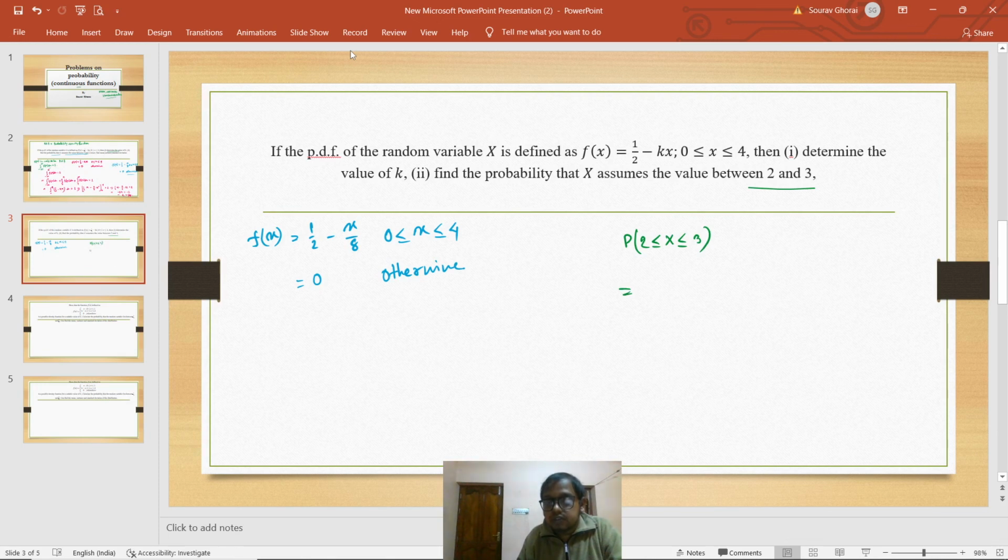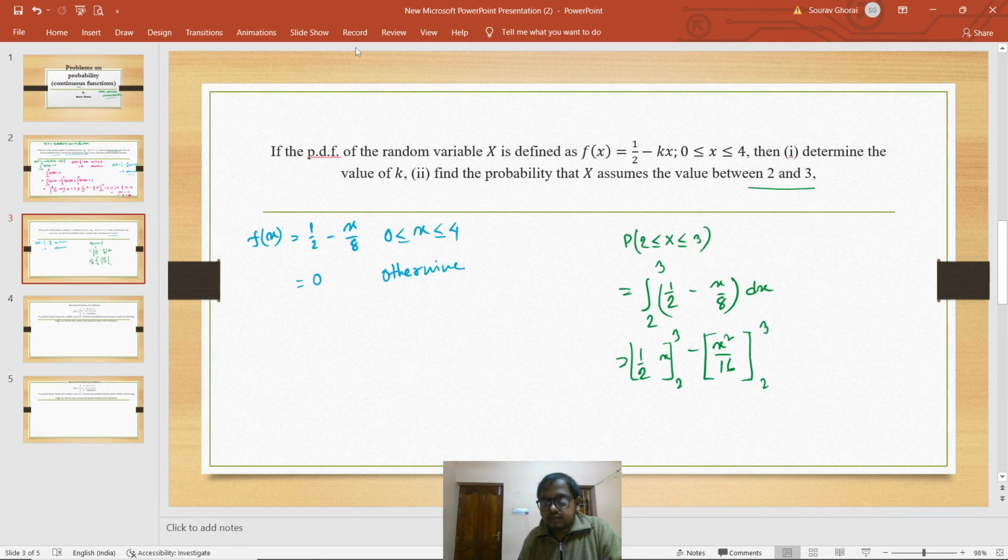For the continuous case, it will be the integral from 2 to 3 of half minus x by 8 dx. If we simplify, we will get half x minus x squared by 16. Let me write it here for the calculation.